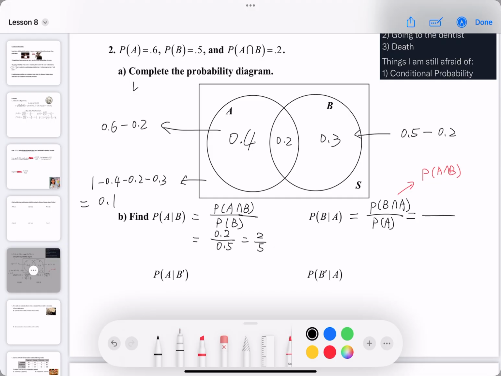The top is 0.2 divided by P of A, 0.6. It is 1/3. Okay, let's see the next example.